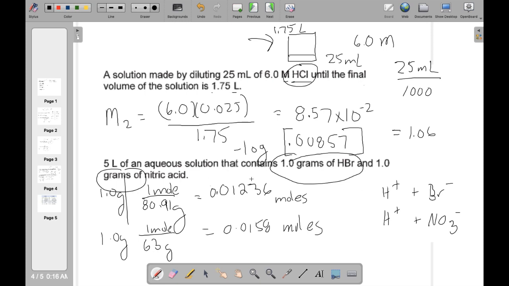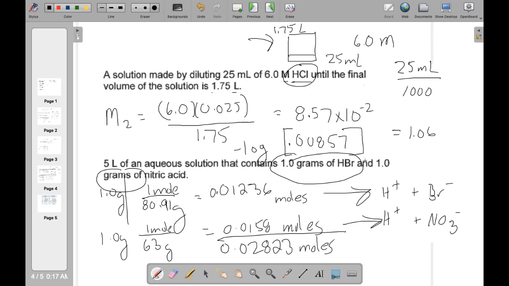If I put it in a solution, I will get this amount of moles of hydrogen ions, and I just have to add these together now. So if I add these together, I'm going to get about 0.02823 moles.